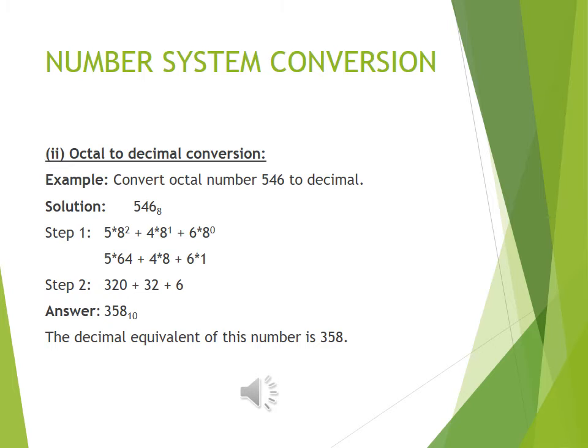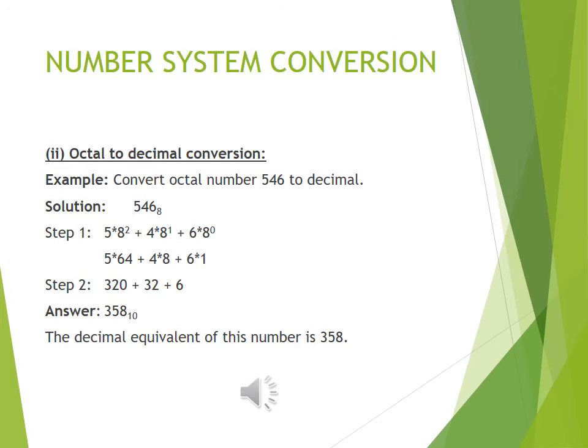Now we are going to convert an octal number into a decimal number. We have given 546 in octal number and we have to convert it into a decimal number. As we know that we have to multiply it, but we will multiply it by 8 because 8 is the base of an octal number.